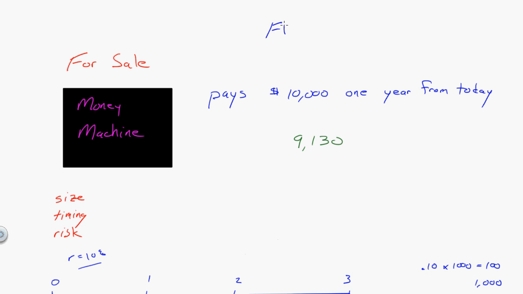The future value is equal to the present value times 1 plus r to the t. So $10,000 is equal to $9,130 times 1.09529 to the first.